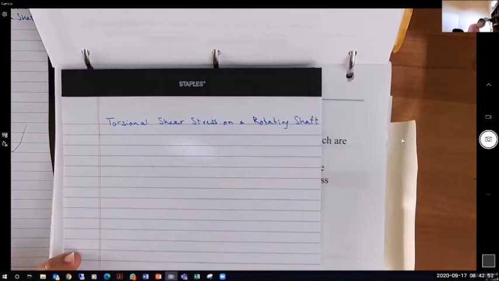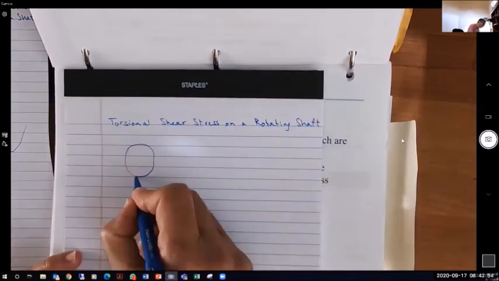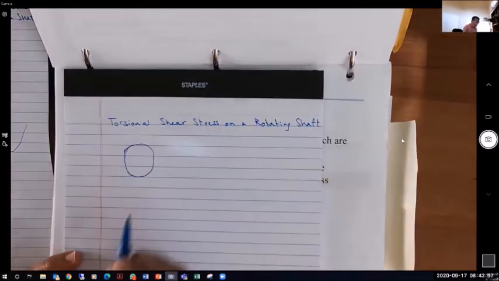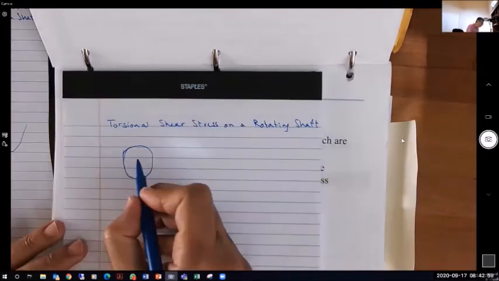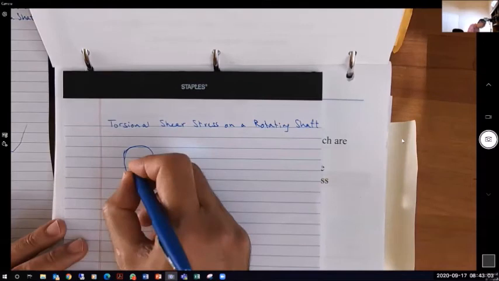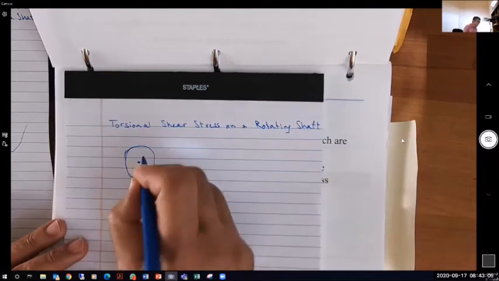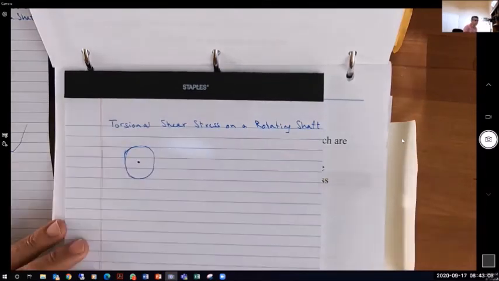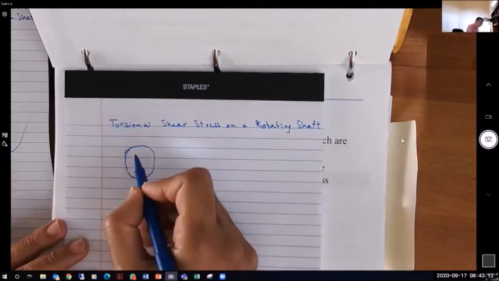So again, I have my circular shaft, and we do have this torque being applied. So I do have a torque along its axis. Now what happens when we have a torque on a circular section?